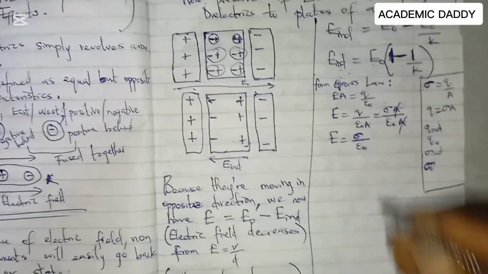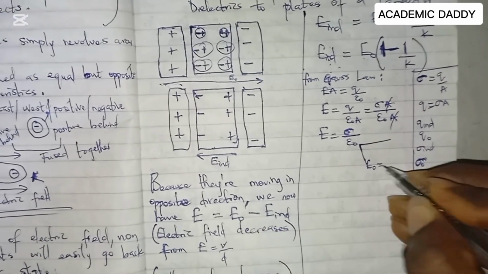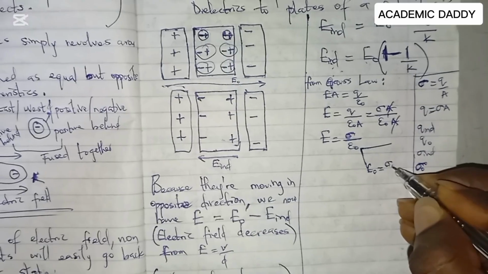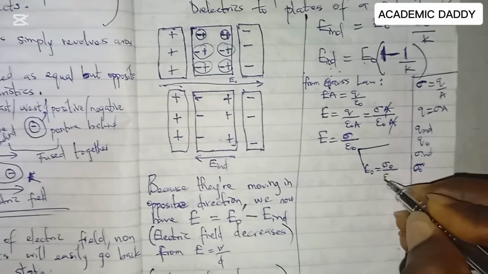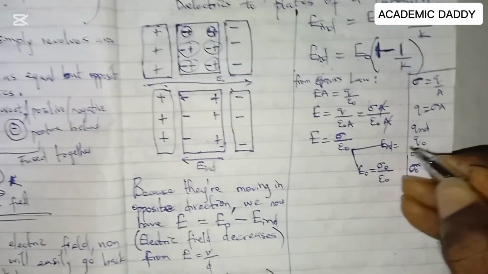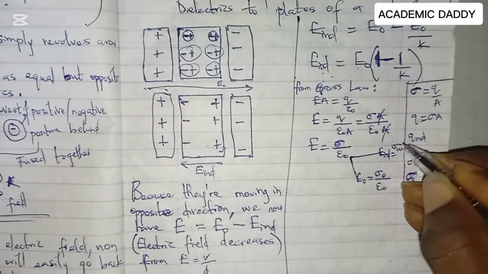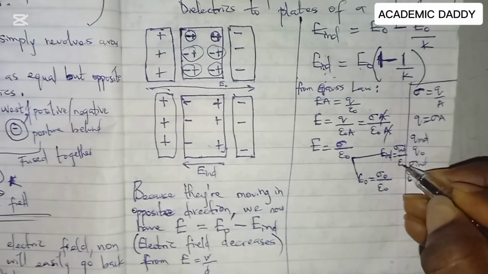So that means we can now have E naught equals surface density naught over E naught, and then E induced equals surface density induced all over E naught.